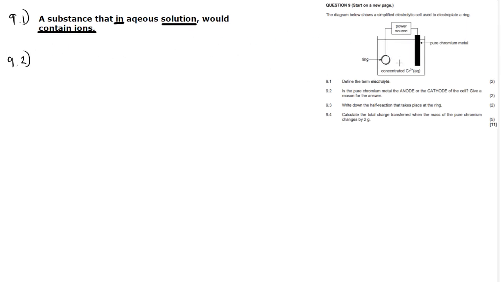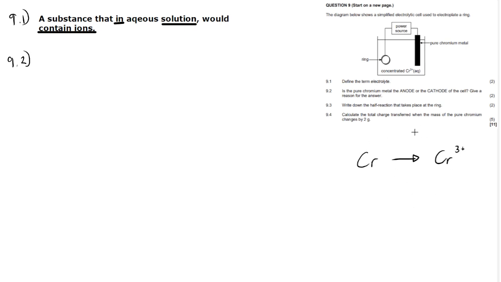So what happens when this chromium from the chromium metal pops off? It goes from Cr as a metal and it becomes an ion, the concentrated Cr3+ that they have here in aqueous solution. And so the question becomes, how do we go from neutral chromium to Cr3+?